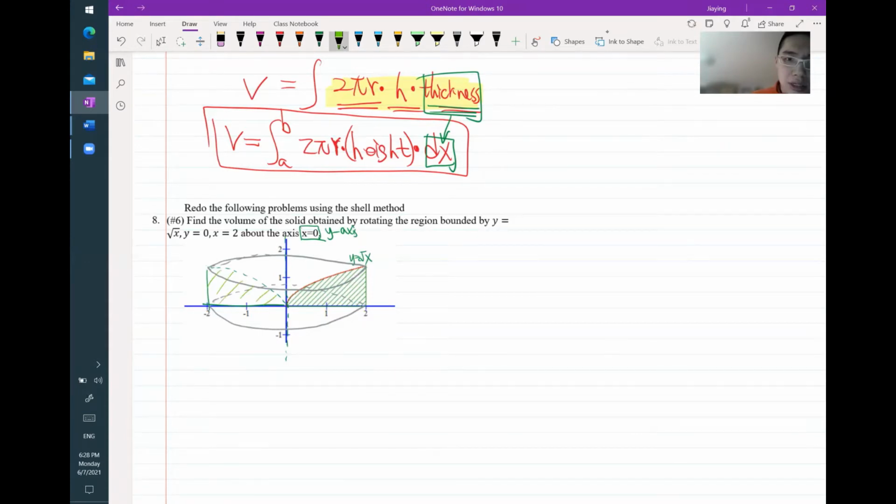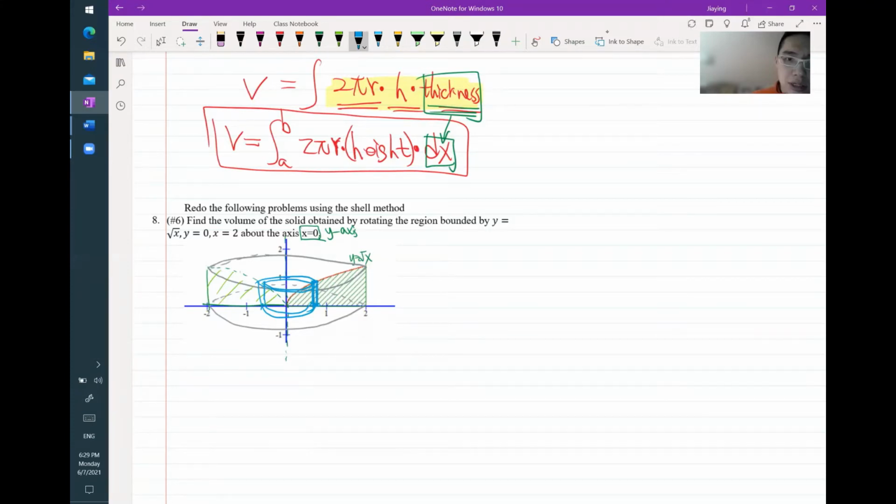Well, to do that, we're just going to imagine we rotate, instead of the entire area, a rectangle. Imagine we're rotating a small rectangle from this shaded region. When we rotate that rectangle about the same axis, the y-axis, we end up with a cylindrical shell shape in the middle there.